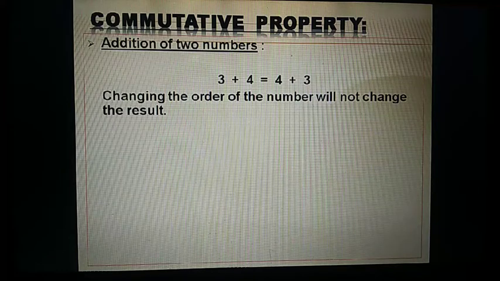Now you will use variables to express this property in a general way.